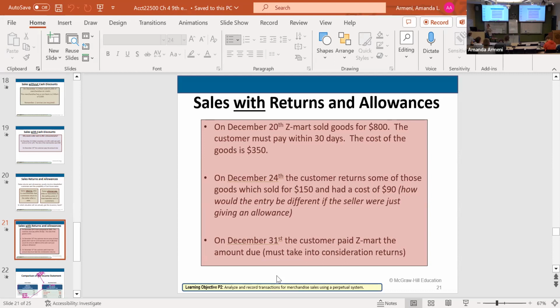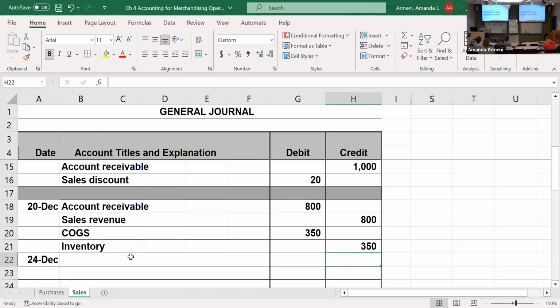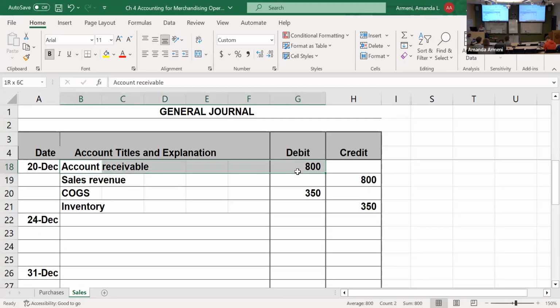So let's talk about first what the adjustment is going to look like on December 24th to the sale piece of it, okay? Here is the entry that we made to actually show that we sold goods to the customer. Debit accounts receivable, credit sales revenue. We now want to show that that customer doesn't owe us $150 out of that total 800. Are you with me?